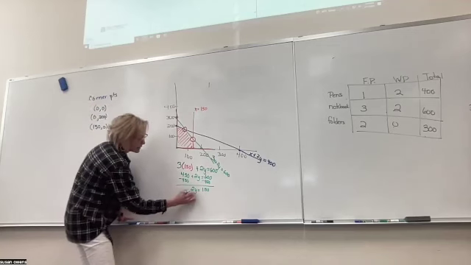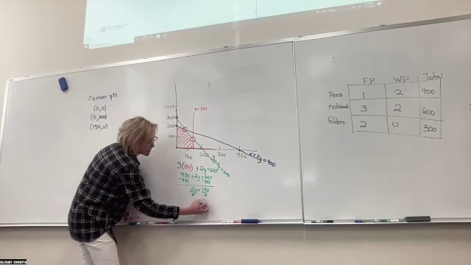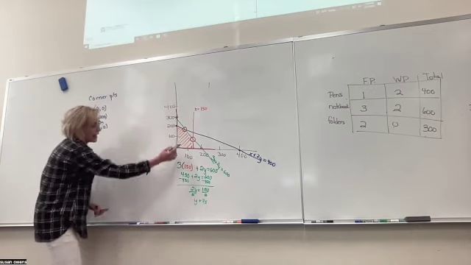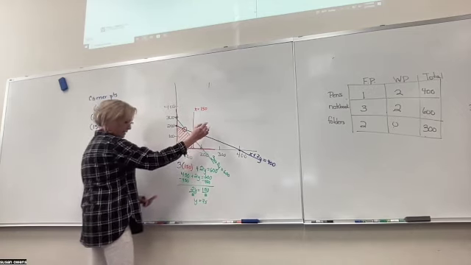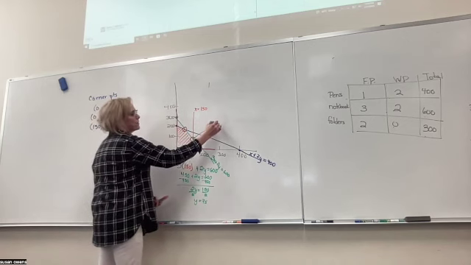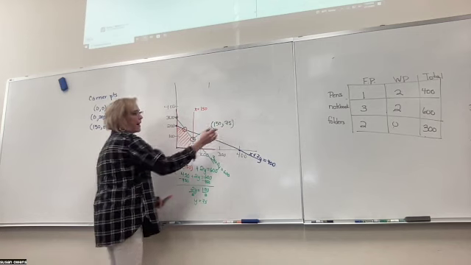Divide both sides by 2, and y equals 75. So this point right here is when x is 150 and y is 75.